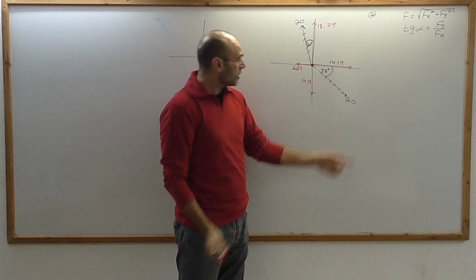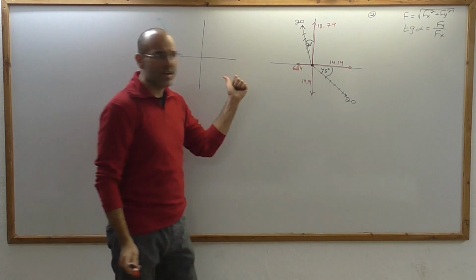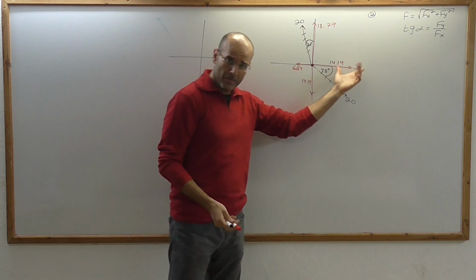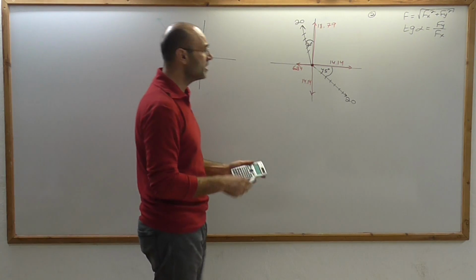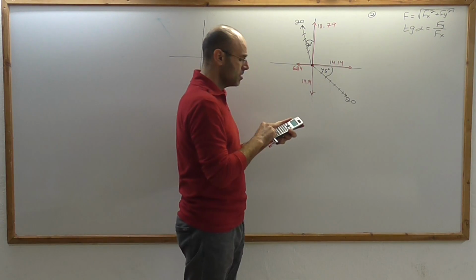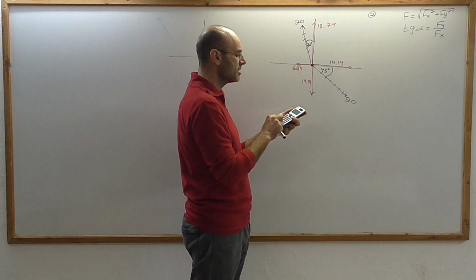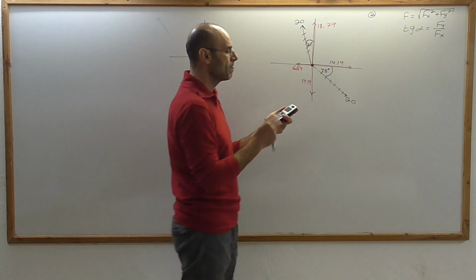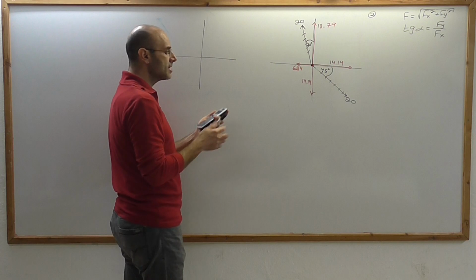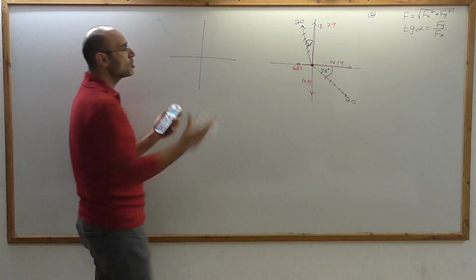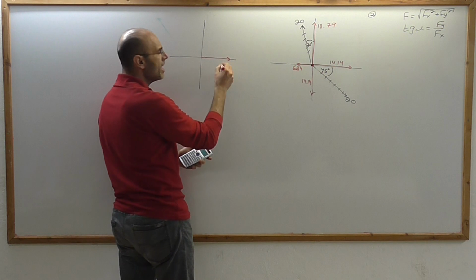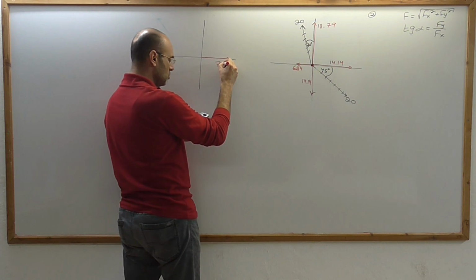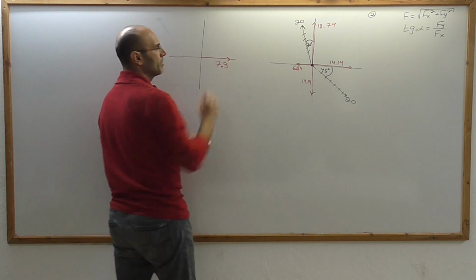In the x direction, I have 14 here and 6 there. Who is stronger? 14, of course. By how much? I'm going to the calculator and I'm doing 14.14 minus 6.84. It's 7.3. So this one is stronger, so the ball will feel something to the right at the magnitude of 7.3.